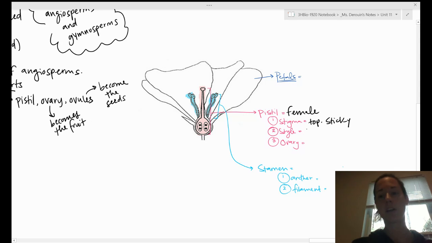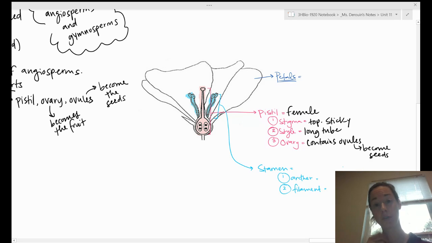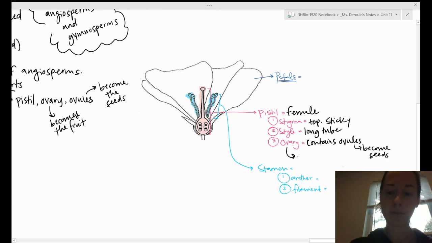The style is a long tube that connects to the ovary, which contains ovules, which will become seeds. Eventually the petals will fall off the flower, the ovary will be left behind, and it will become the fruit.